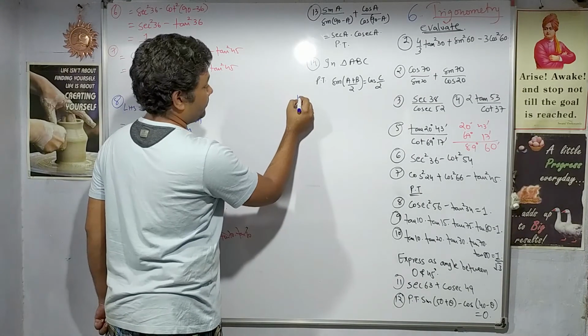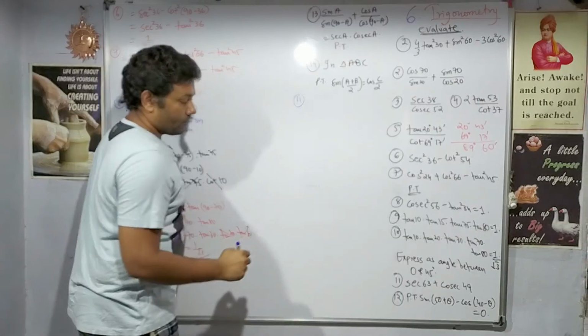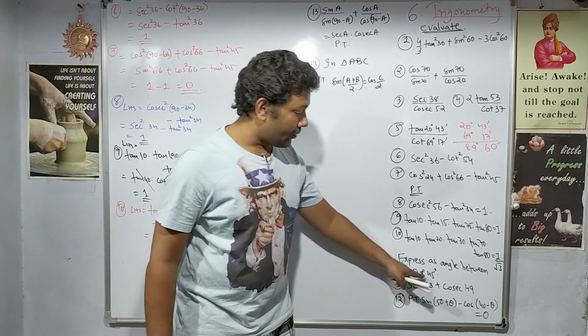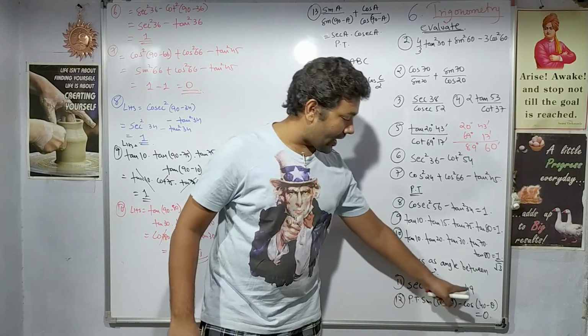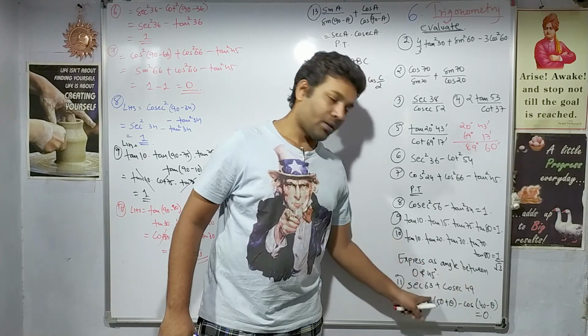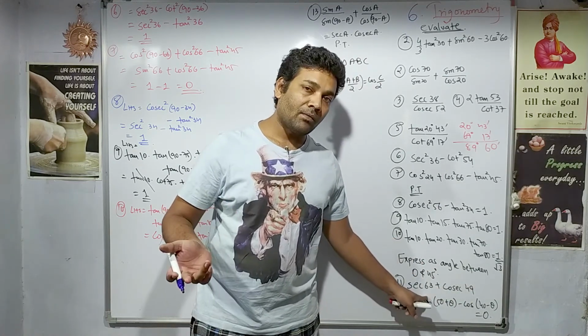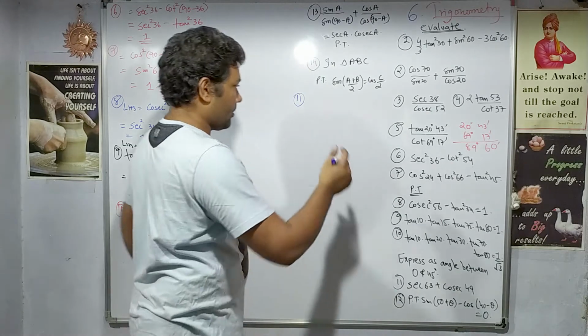Eleventh question. Express as angle between 0 and 45. That is the question, right? So we have to convert these angles to between 0 and 45. What option do we have? Complementary conversion.